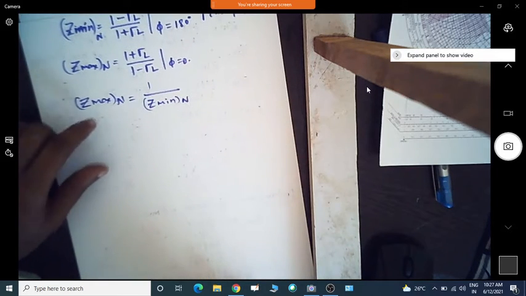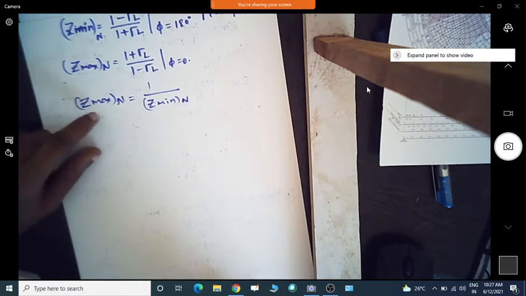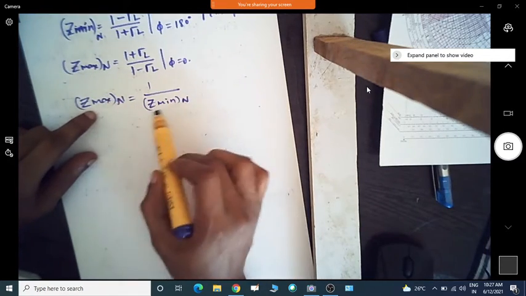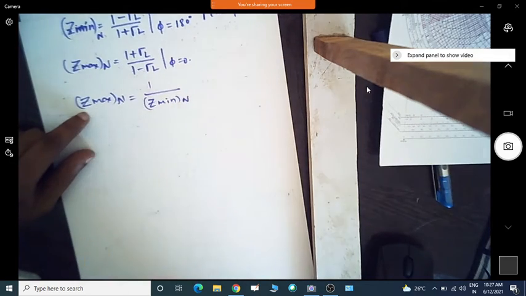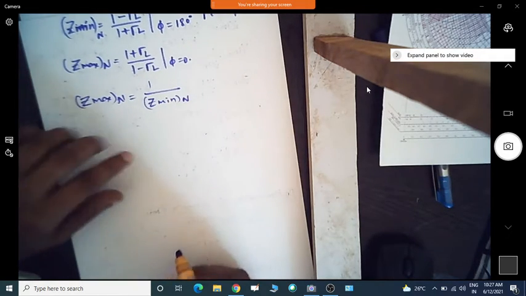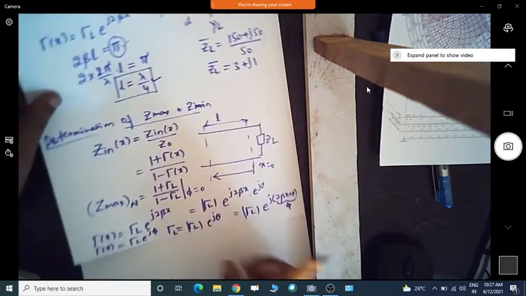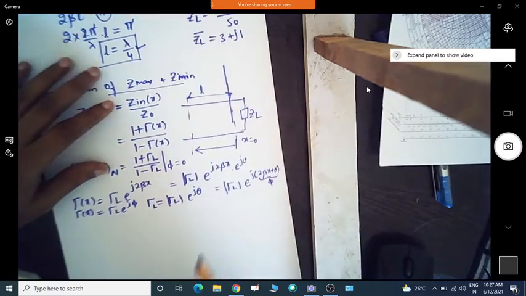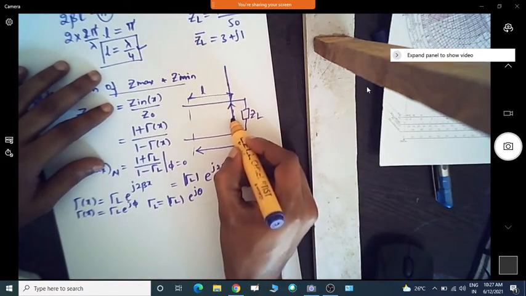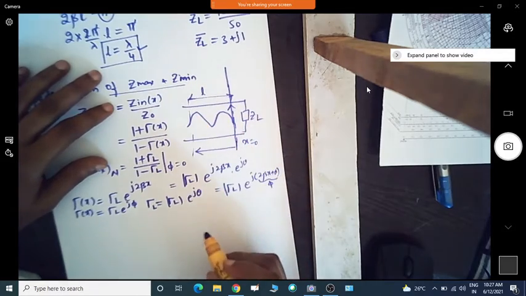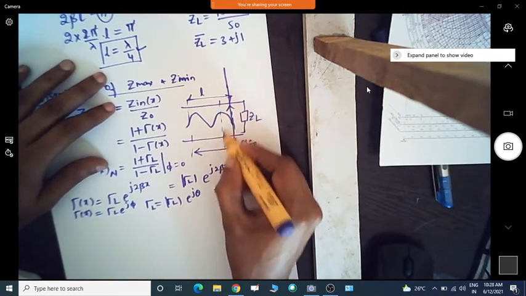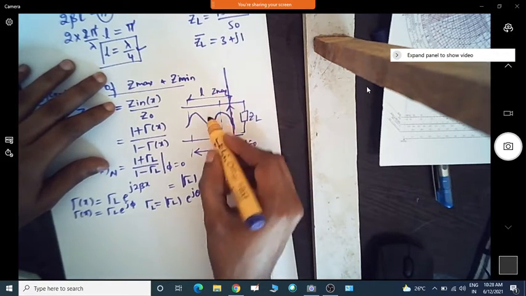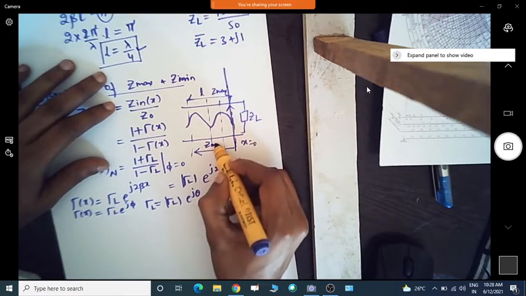If you take the inverse of the normalized minimum value, you will get the normalized maximum value. Now, when we plot the wave transmitting from the load end, say for example the maximum occurs first from the load end, then z minimum occurs next.